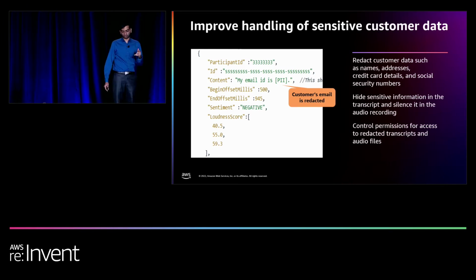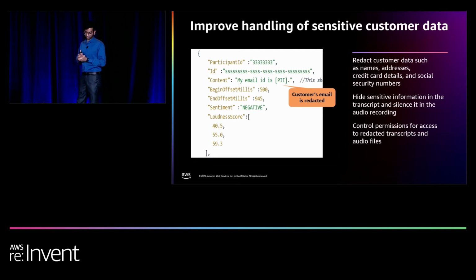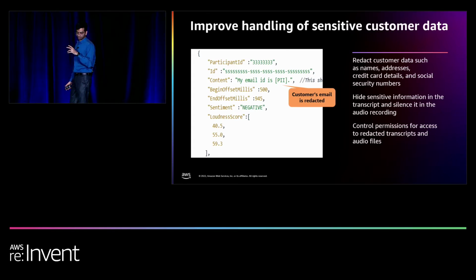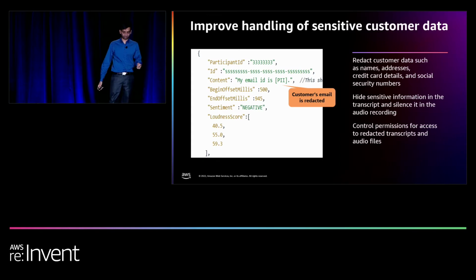For example, if there's a conversation around a particular number, and the number of digits is available, based on that, Contact Lens can identify if the information is sensitive and whether it represents credit card details or social security numbers.